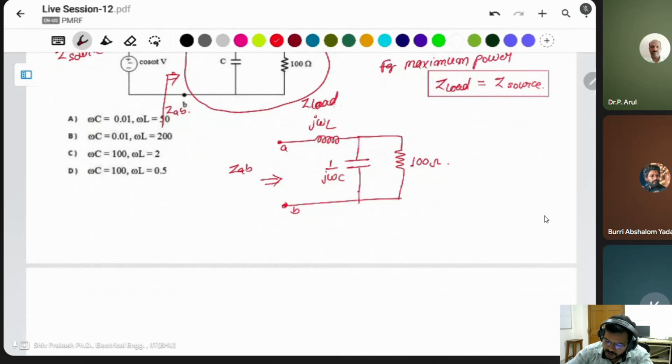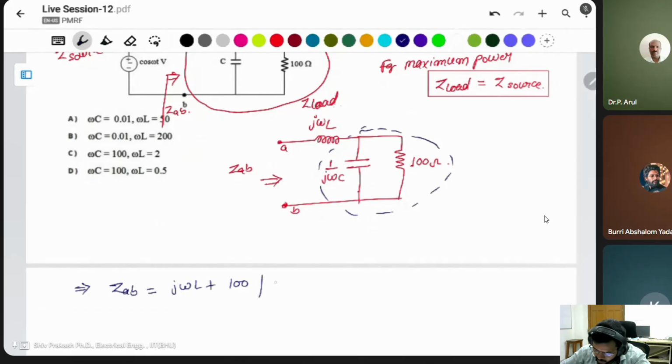You can see these are in parallel combination, and with this parallel combination, the inductor is in series. Then the total impedance is j omega L plus this series with the parallel combination, 100 parallel with 1 upon j omega C.